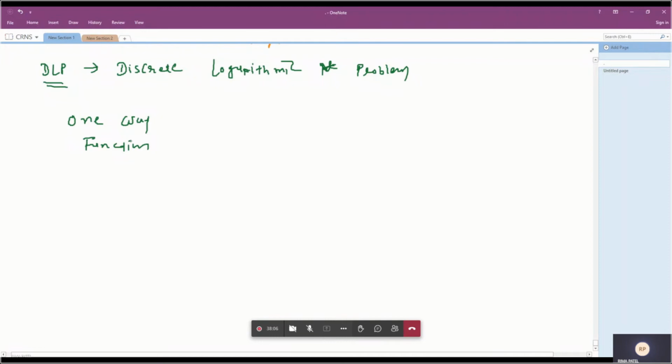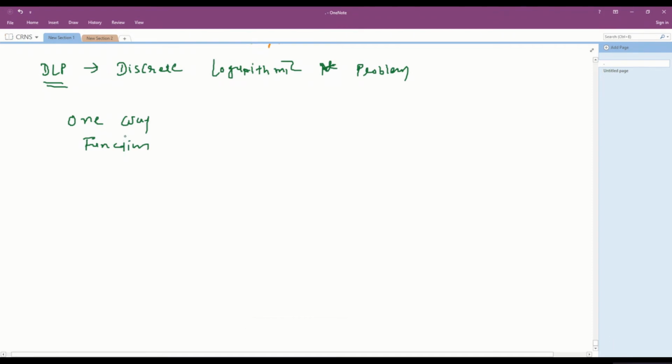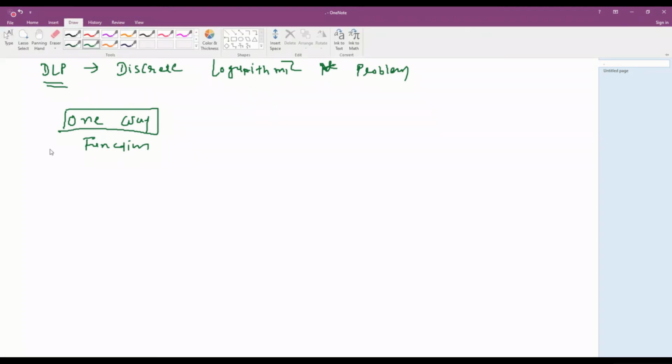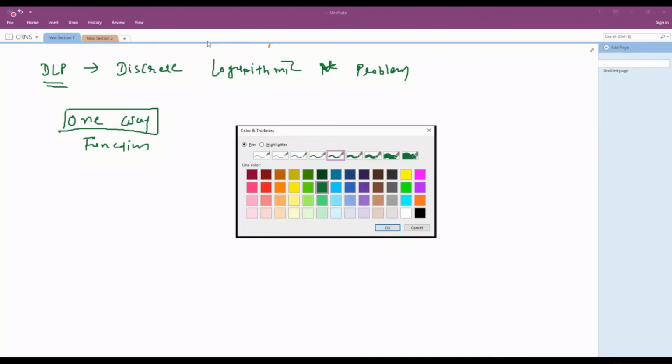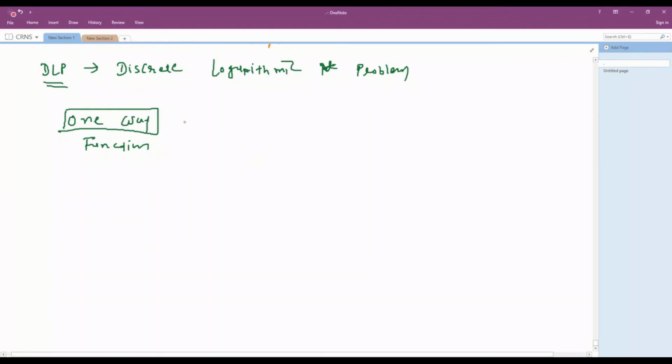What do you mean by one-way? Have you heard this term for the first time? Forget about function. What is one-way? One directional. One direction only, right?